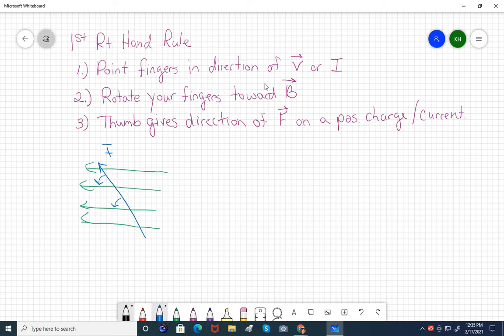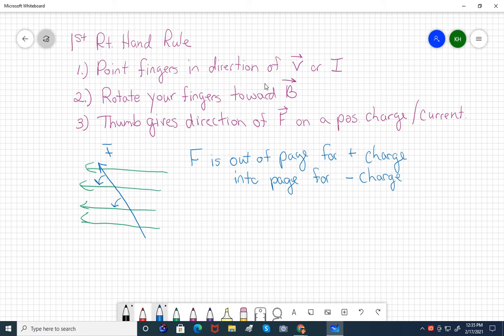That tells me that in this case, the force is out of the page for a positive charge or current. It's into the page for a negative charge.